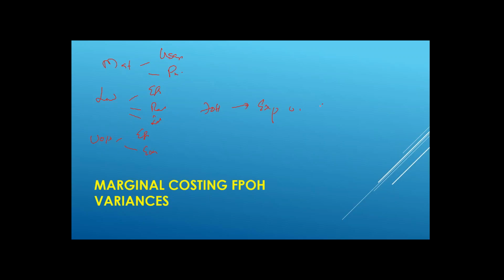That's the difference between marginal costing variances and total absorption costing variances. In total absorption, fixed overhead will be further split into expenditure variance and volume variance. But in marginal costing, you don't have a volume variance because we don't absorb the overhead. That is the only difference you must remember when you compare the two.